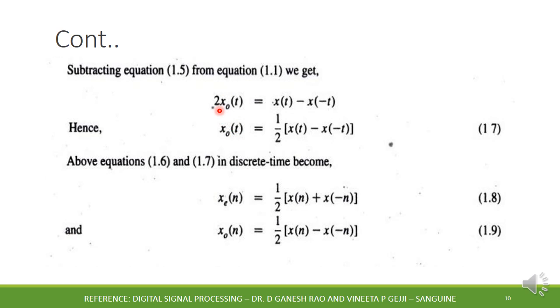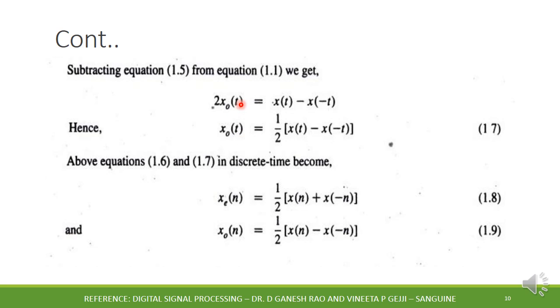Once again, after subtracting equation 1.5 from equation number 1.1, you are going to get this equation: xo of t is equal to 1 by 2 times x of t minus x of minus t. Here are the equations 1.6 and 1.7. These two are the equations for the even and odd parts of a continuous time signal.